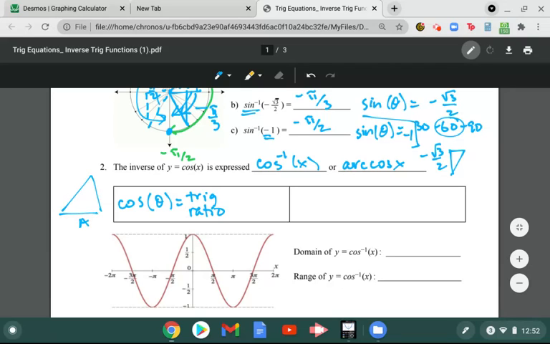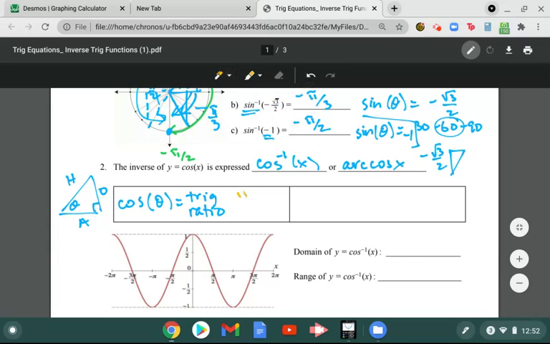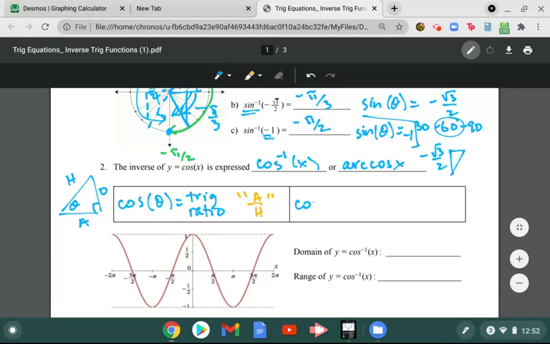This would be adjacent, opposite, and hypotenuse angle. SOHCAHTOA, so CAH for cosine is going to be adjacent over hypotenuse. So those are the trig ratios we're looking at. Cosine inverse gets applied to the trig ratio and gives me an angle back.